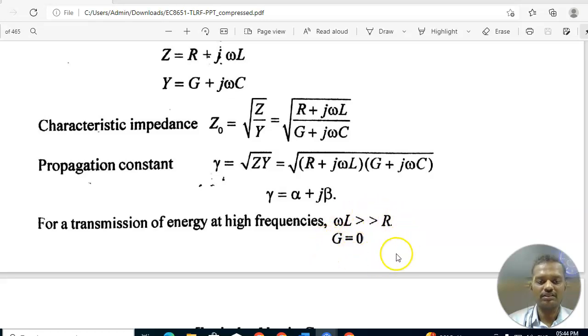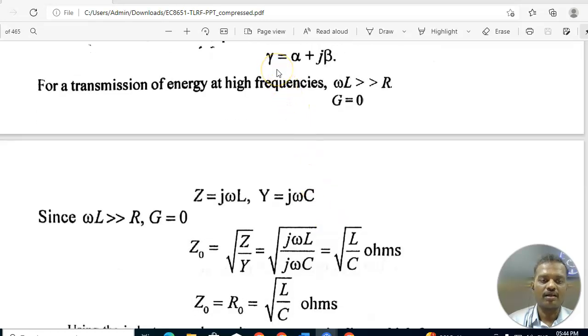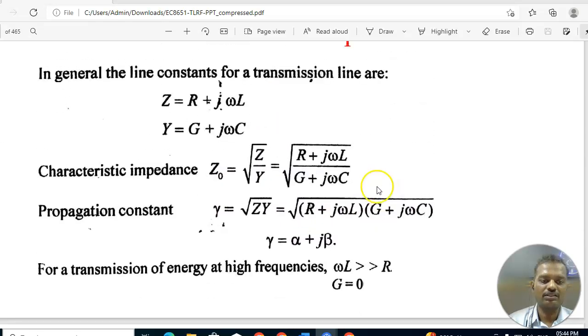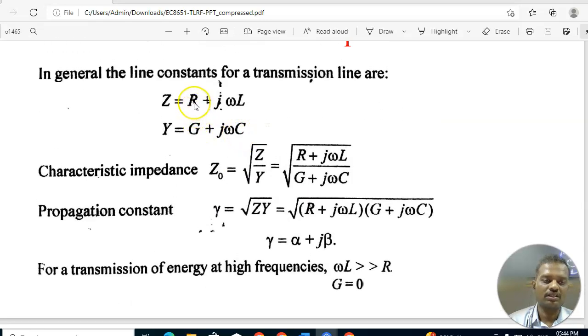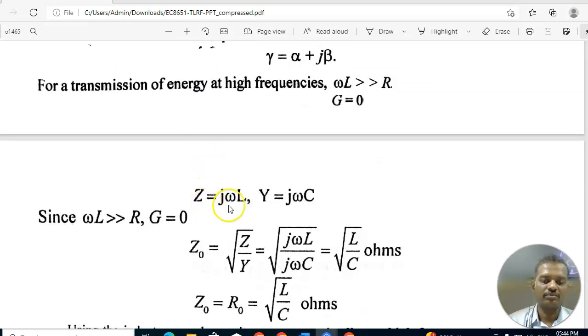By applying these two conditions, gamma can be changed as follows: R becomes negligible and G becomes 0.